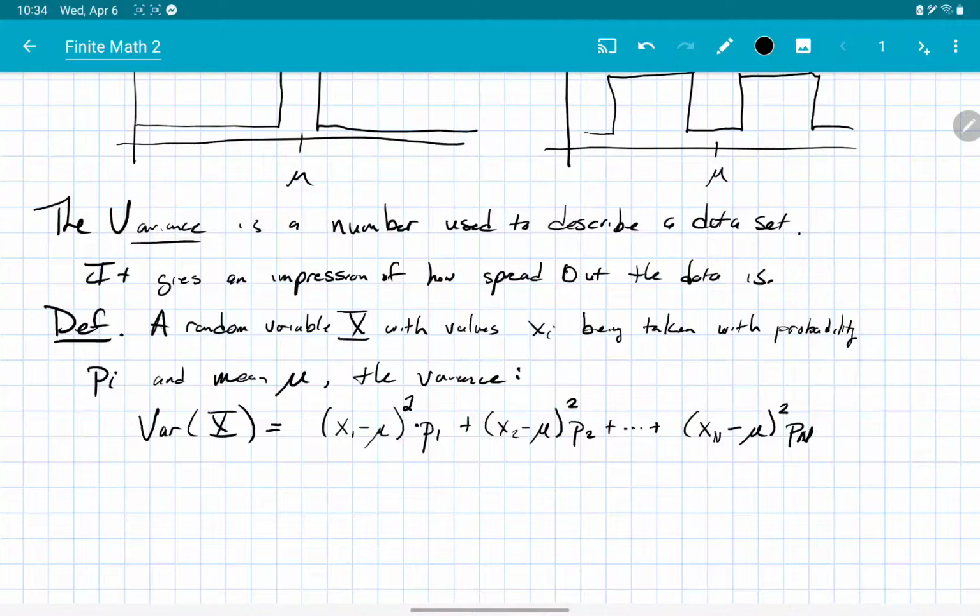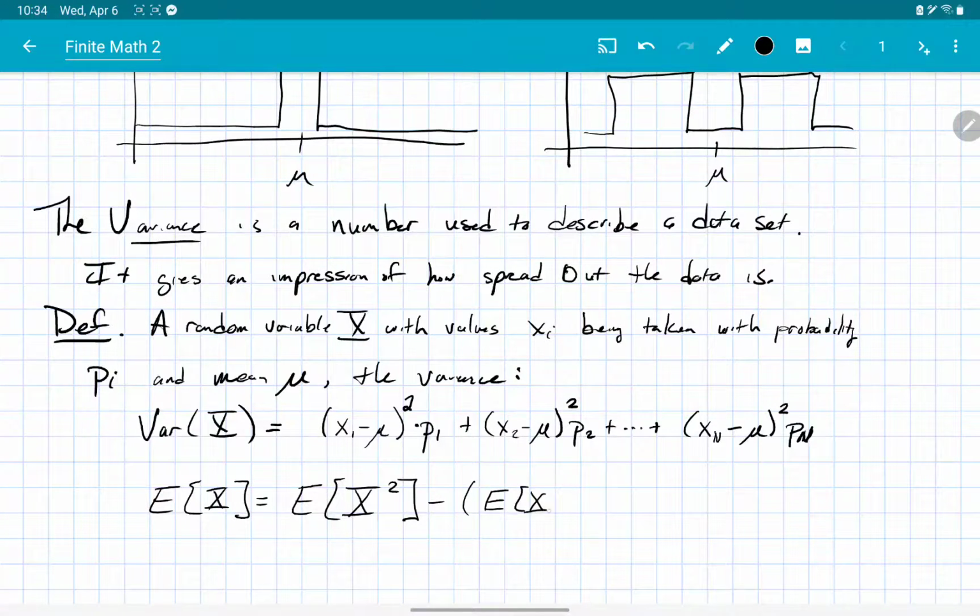Now there's another way to find the variance that you can record, but it's unlikely that you'll need it very often. You find the expected value of the random variable squared, and you subtract the expected value of the random variable, quantity squared. It's another way of doing it.